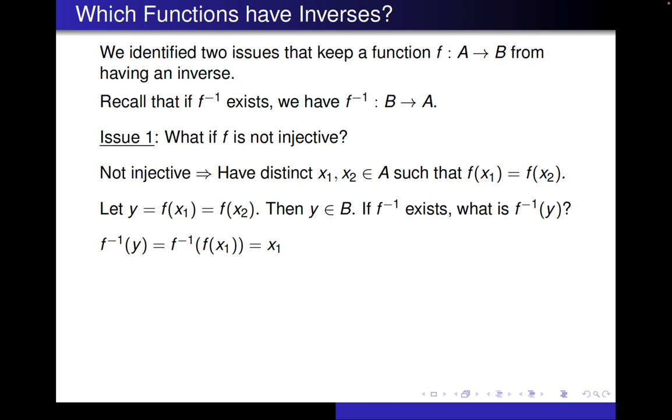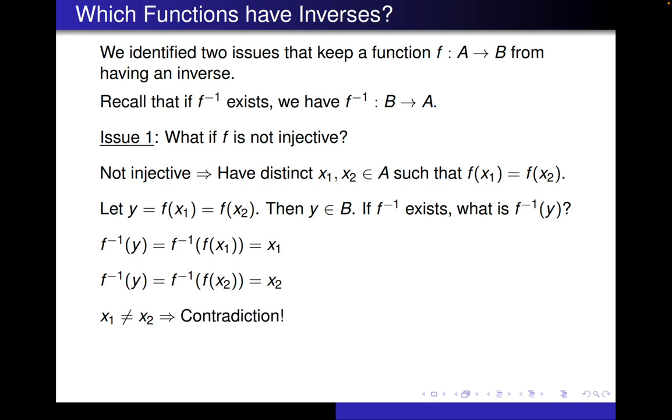We figured out what f inverse of y is, but we could play the same game with f of x2. y is equal to f of x2, so f inverse of y is the same as f inverse of f of x2. The f inverse and f still cancel each other out, and so we get x2. And so here's our issue. x1 is not x2, which is a contradiction.